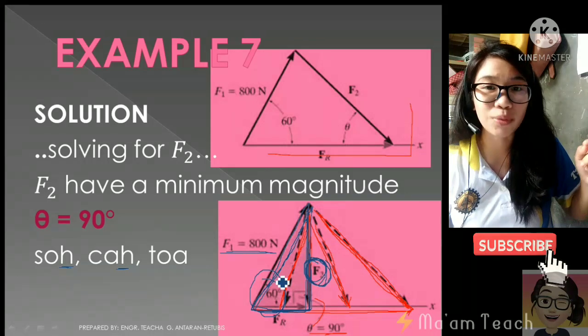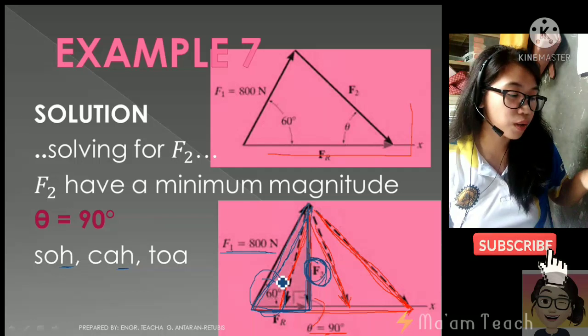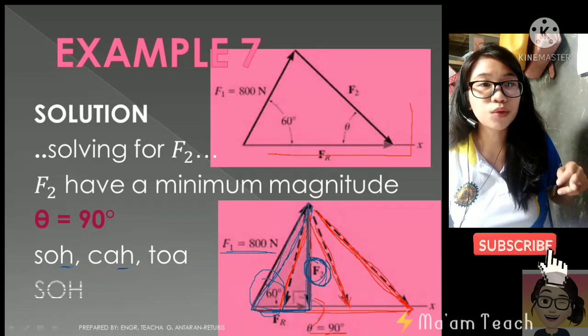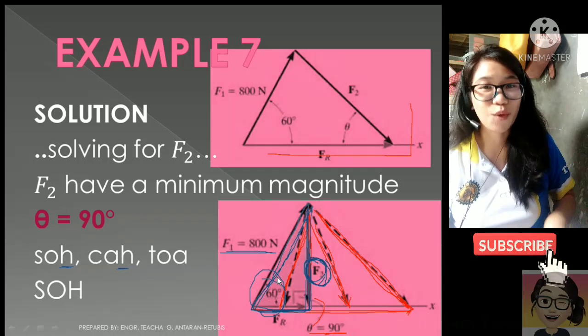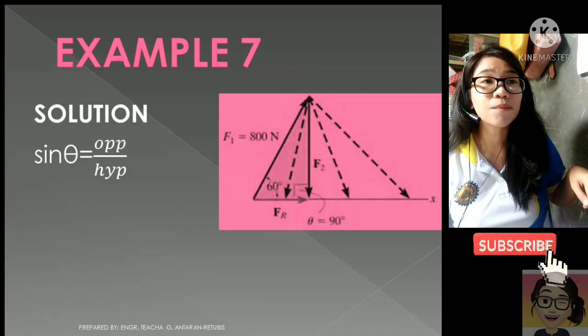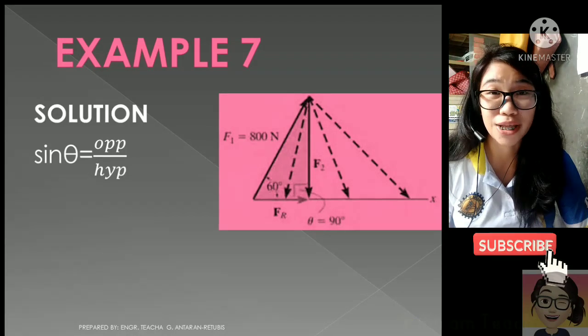Obviously, it is opposite. F sub 2 is opposite of our angle. So therefore, what trigonometric identity should we use in here? We will use the SOH, or the sine. And the formula for that is sine theta is equal to opposite over hypotenuse.